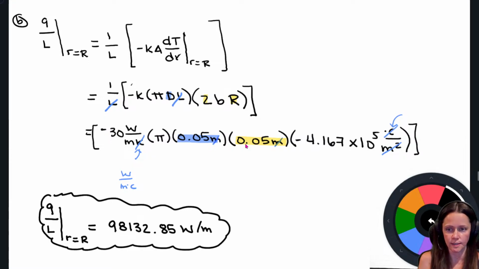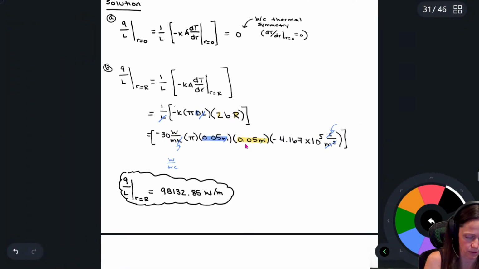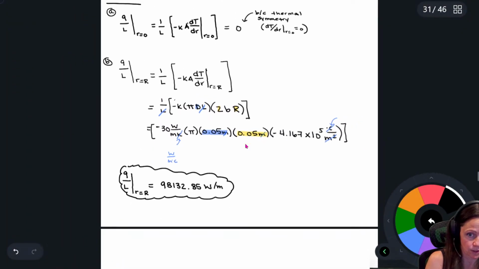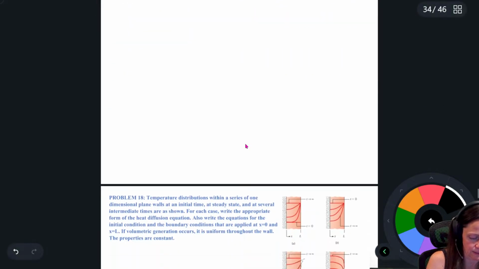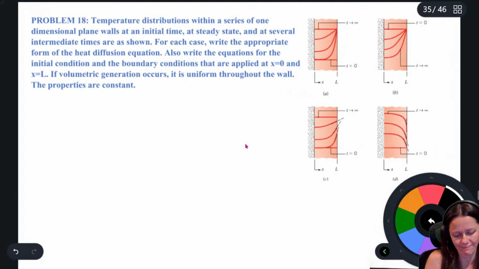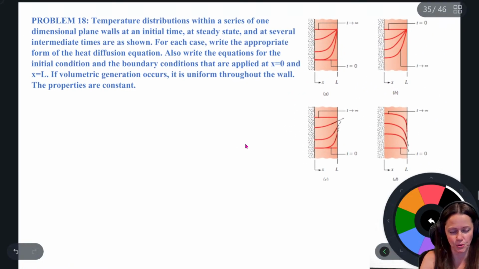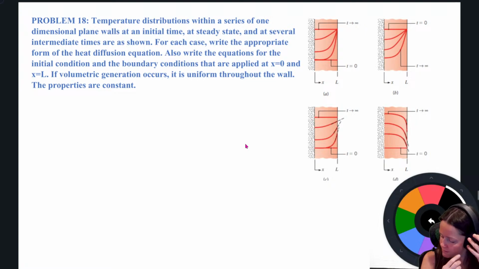Let's do a more conceptual, or not conceptual, but kind of sort of a conceptual thing. So I'm going to skip 17. I'm going to go to 18. Just so we sort of have a general feel for temperature distributions and what it looks like.